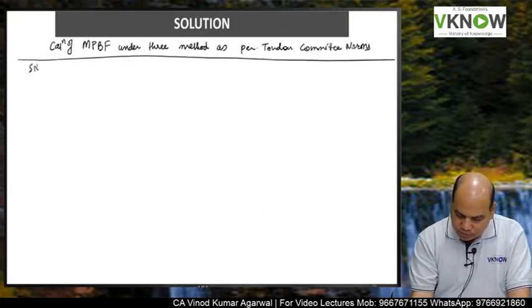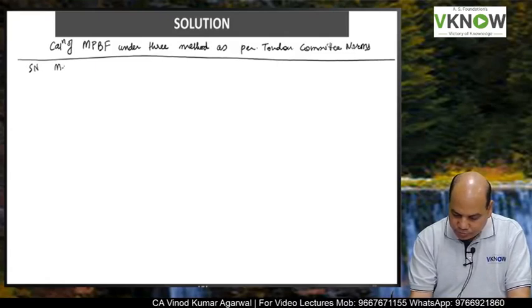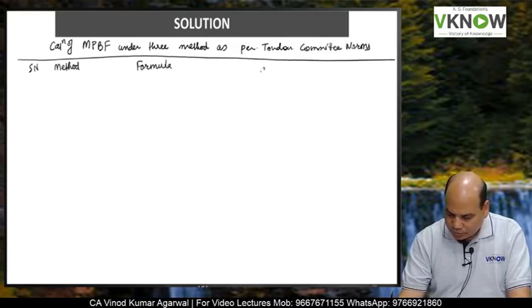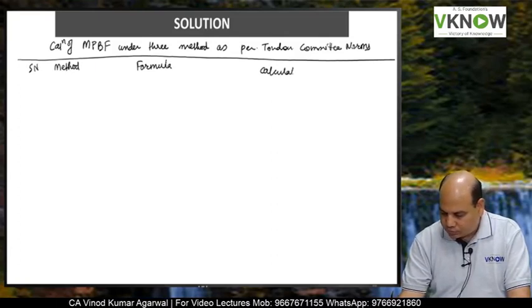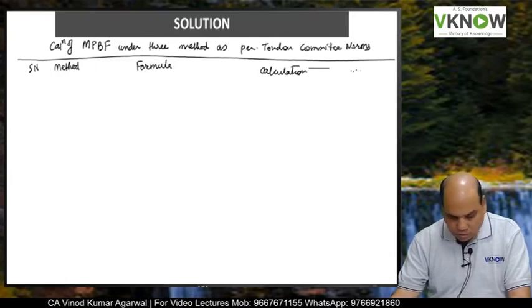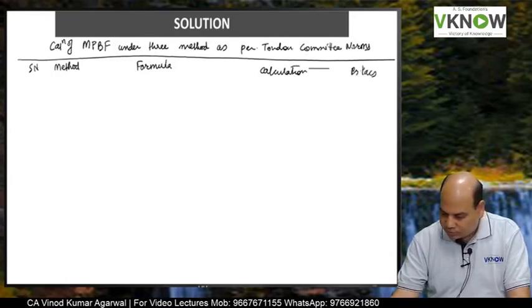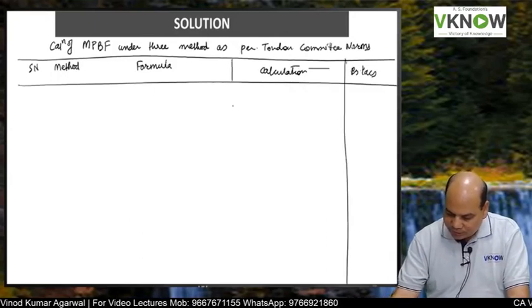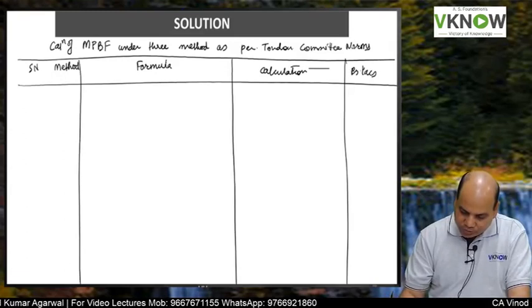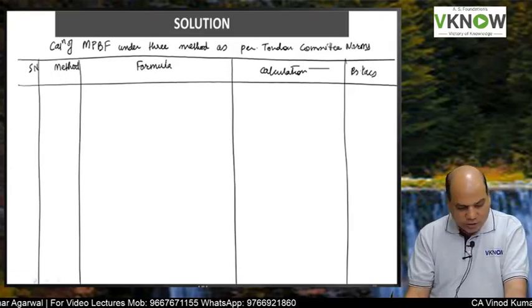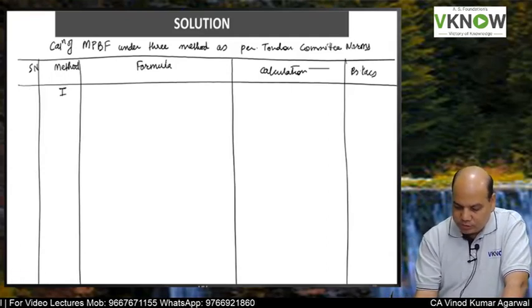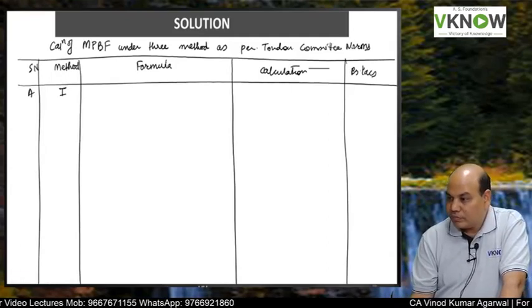So write down serial number, method, formula, calculation, and rupees in lakhs, last column. Okay, write nicely. Presentation is important. You can skip that serial number column. Just start with method 1. Serial number if you want to write.